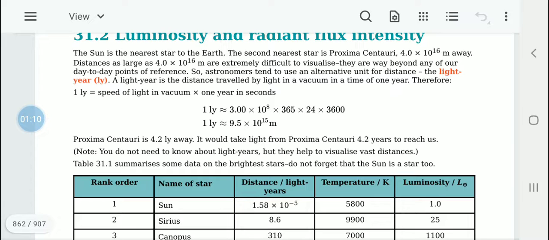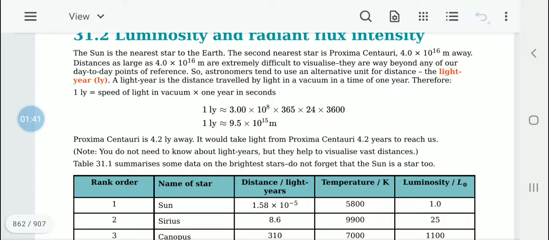You can get a numerical value for that by multiplying 3 into 10 to the power 8, the length light travels in a second, by 365 multiplied by 24 into 3600. That will give you 9.5 into 10 to the power 15 meters.